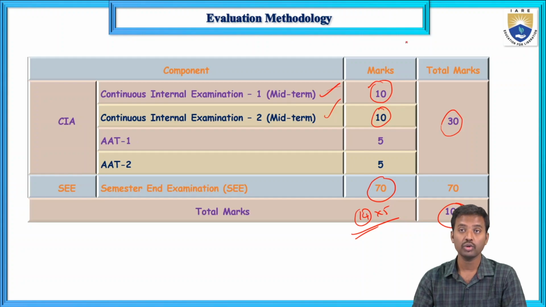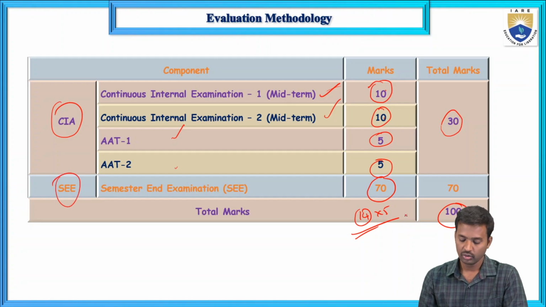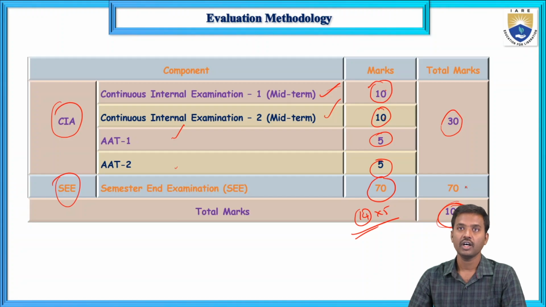These two exams are of 2 hours duration. AAT 1 and AAT 2 are 5 marks each. This may be a tech talk, and the second one is a concept video. Total 10 plus 10 is 20, and 5 plus 5 is 10, total 30 marks for CIE. Next, SEE 70 marks, total 30 plus 70, 100 marks.